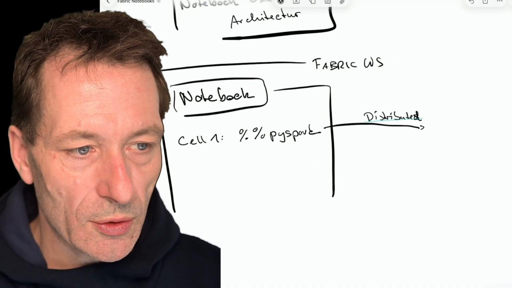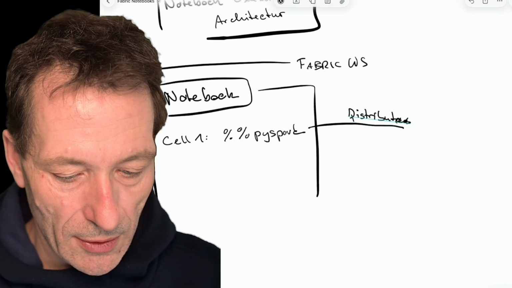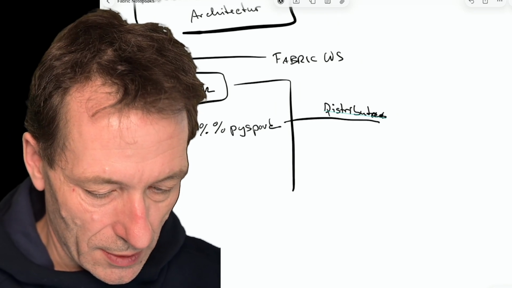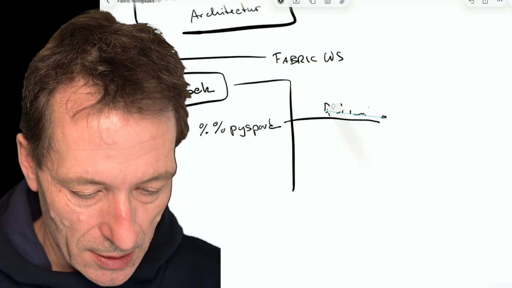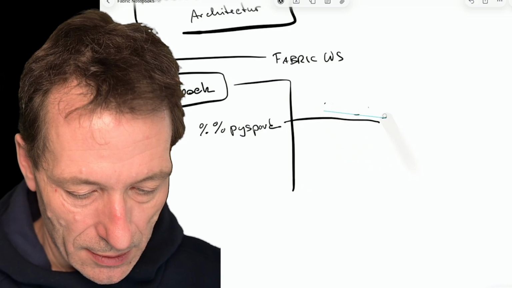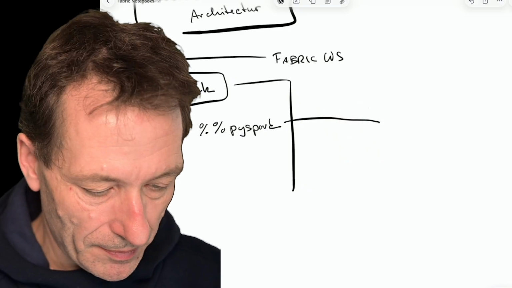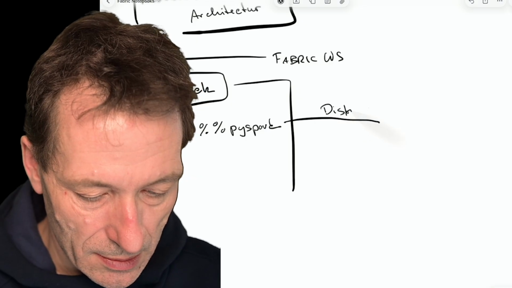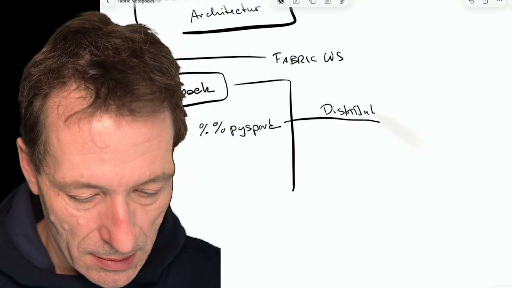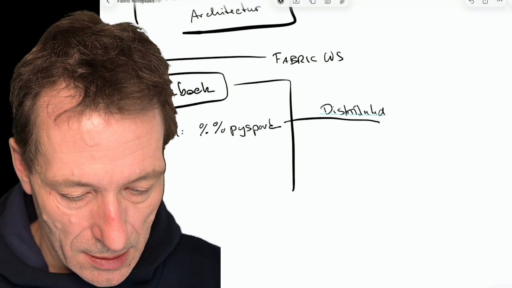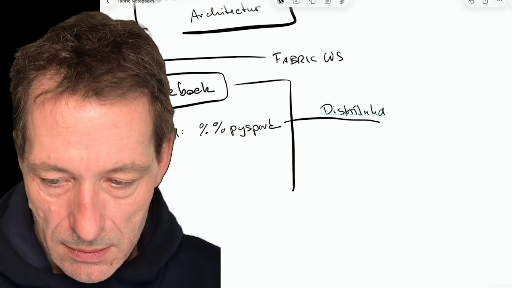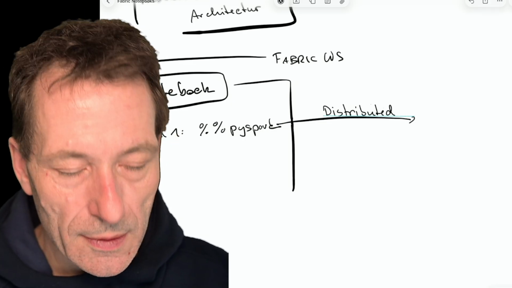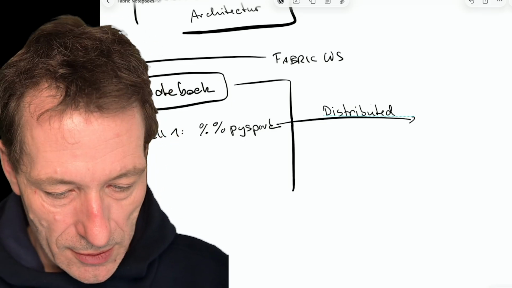The distributed way means distributed. This cell will be executed in a distributed way.